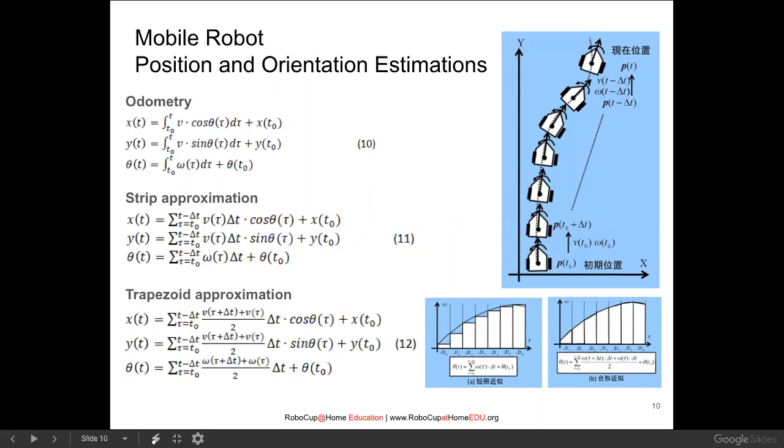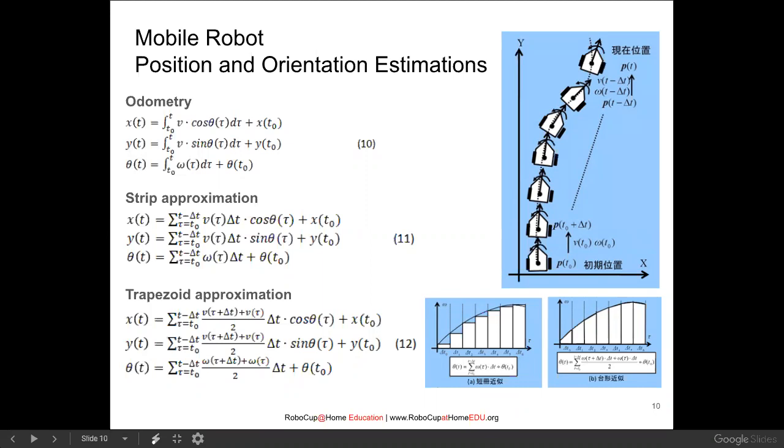And in order for us to solve this equation, the curve varies as your input varies, right? And it is very hard to solve the equation for every instant, okay? So normally what we do is use a numerical way to solve, which is to find the area under the curve. In order to find the area under the curve, we divide it into very small strips to fill in the curve.